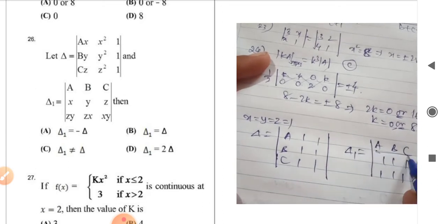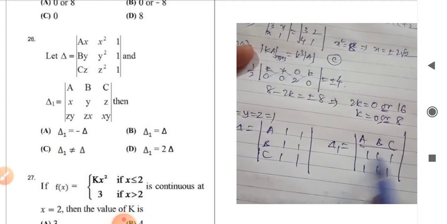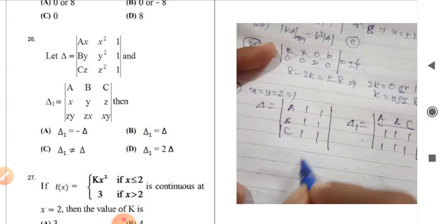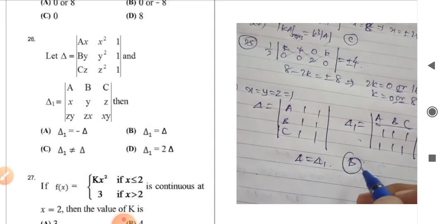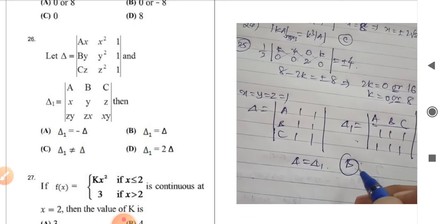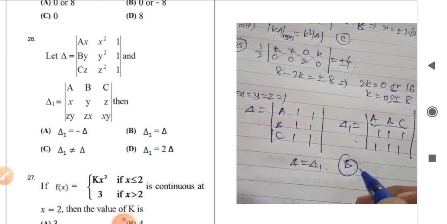Simply if you interchange rows into columns, obviously delta is equal to delta 1. Hence the answer for this question is B. So for the 26th one, the answer is very simple, that is delta 1 equal to delta.